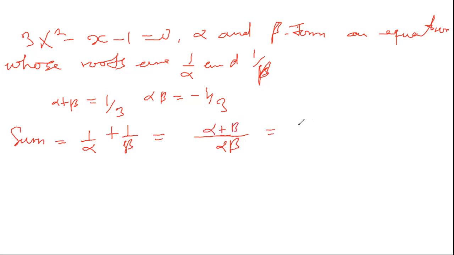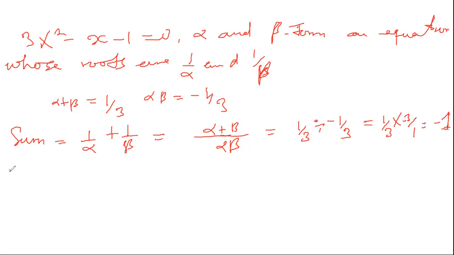So this will be a third divided by negative a third. So it will be 1 over 3 times 3 over 1 negative. So we shall end up with negative 1. So the sum of roots is going to give us negative 1.